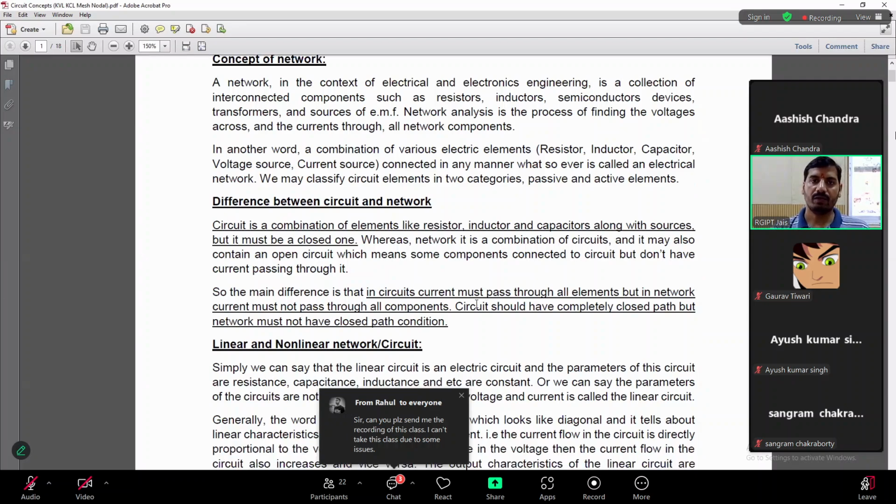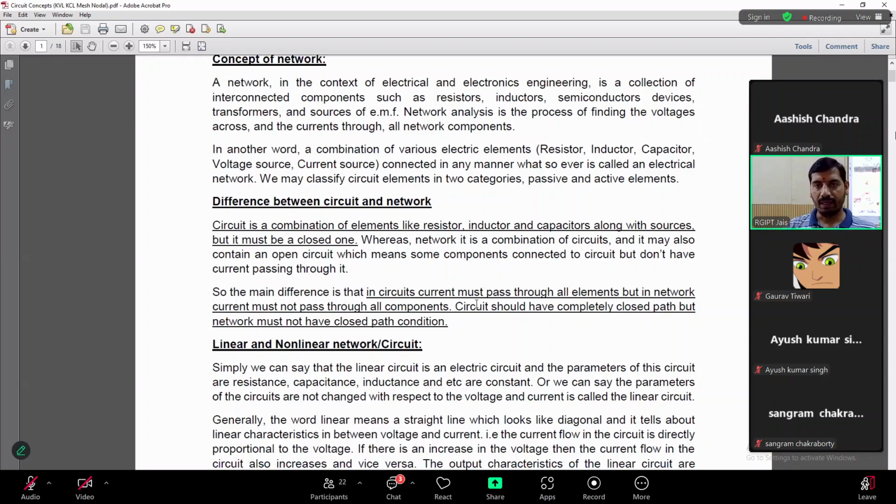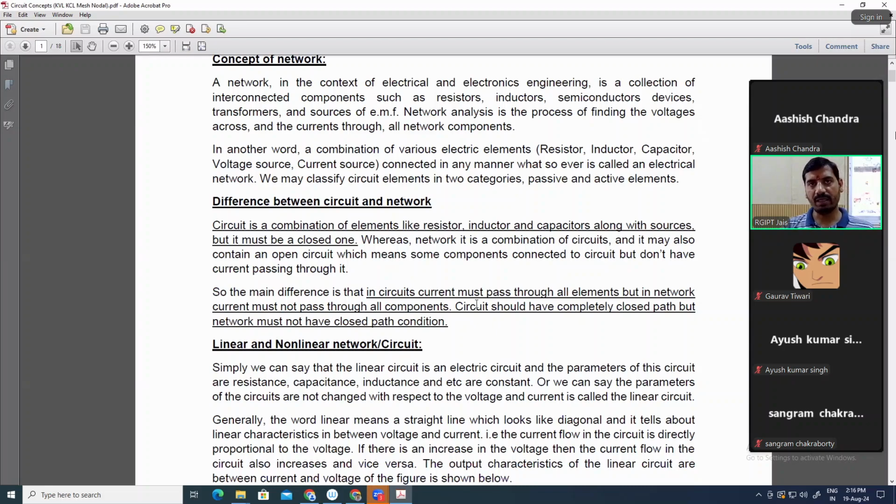First we can classify the elements into two parts, passive elements and active elements. We all know that resistor, inductor, capacitor are passive elements. So what are the active elements? And why are they called passive elements?